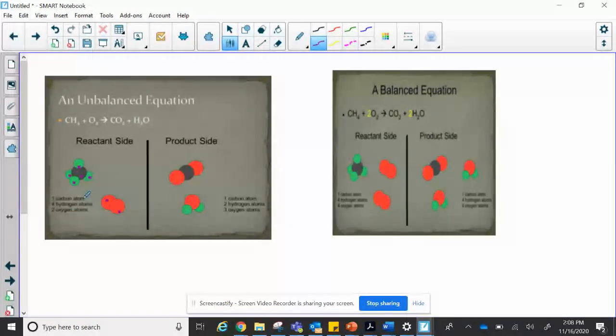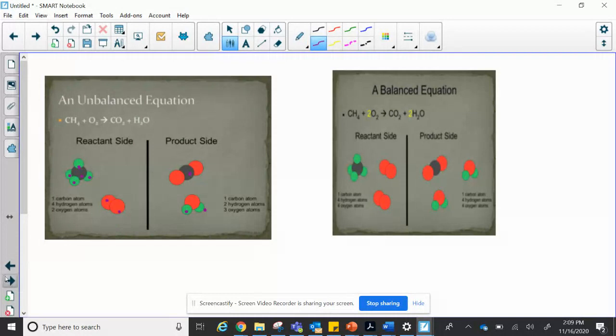If you look at the other side, what you end up with is 3 of these red O's, you have 1 carbon, and you only have 2 hydrogens. This is not balanced at all. You have different numbers of the atoms on different sides. That can't happen. So our job is to balance this equation using coefficients so we get the same number of each atom on each side of the equation.